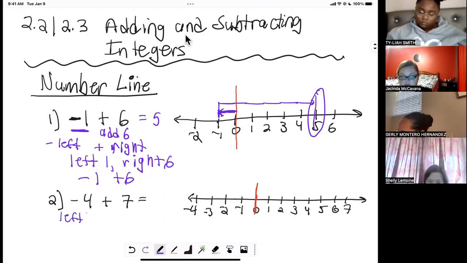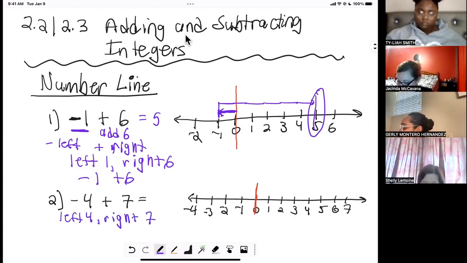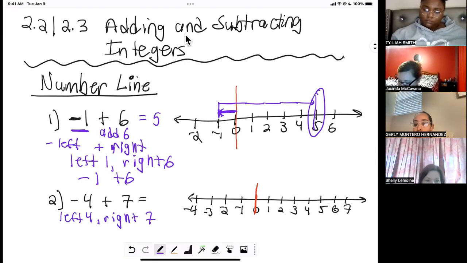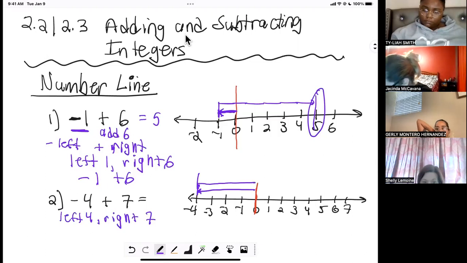It tells me to go left 4 and then right. So negative 4, left 4, plus 7, right 7. So I'm going to go negative 4. I go back 4 spots. 1, 2, 3, 4, right here. Now I'm going to go right 7, so count 7 positions. 1, 2, 3, 4, 5, 6, 7. What's my answer? 3.